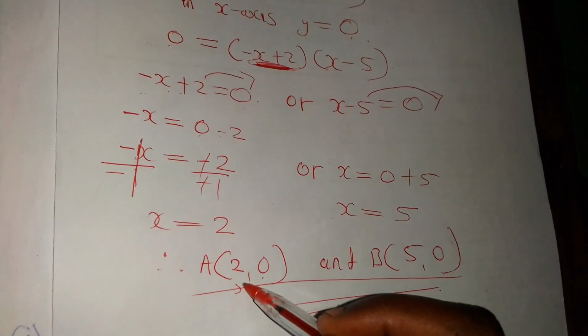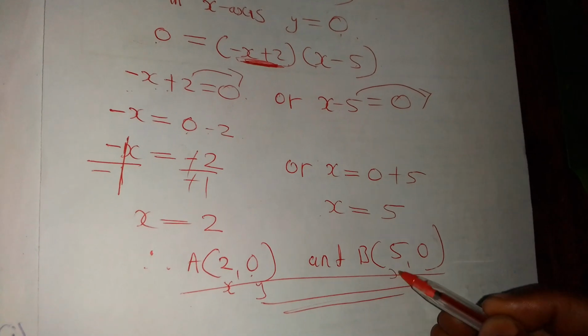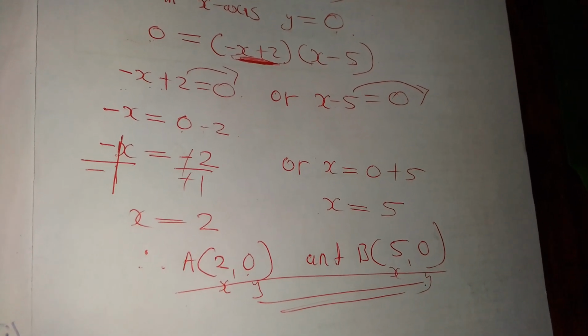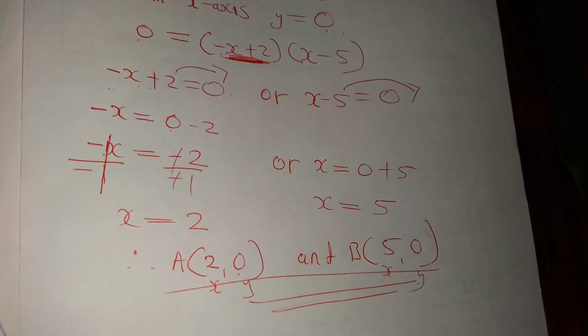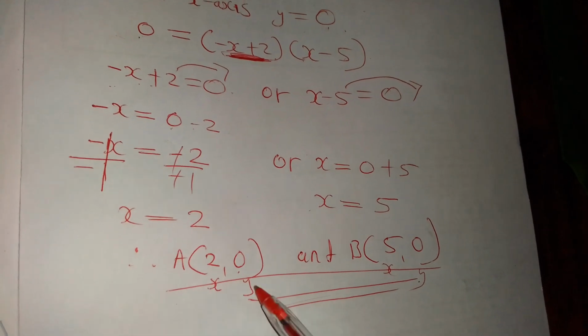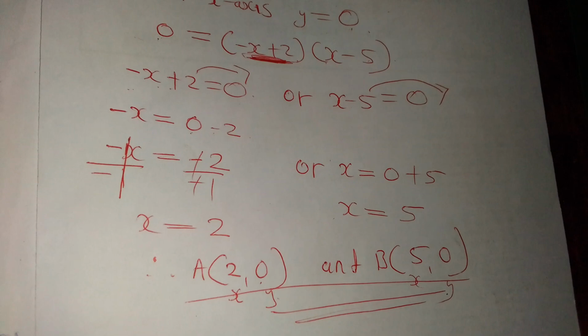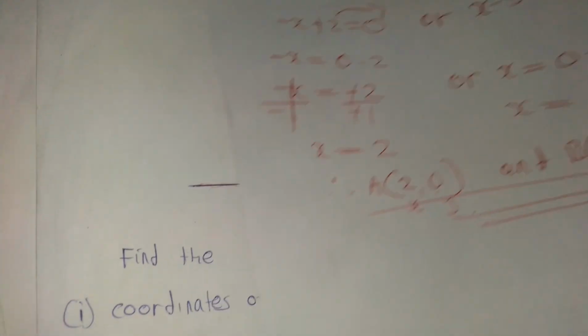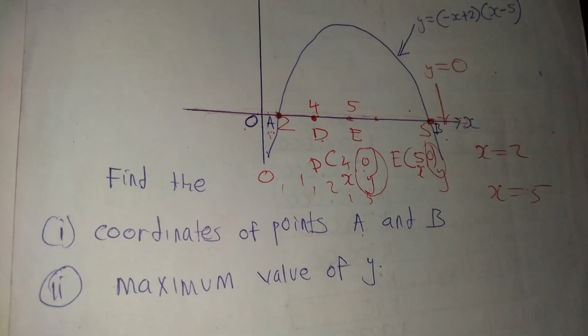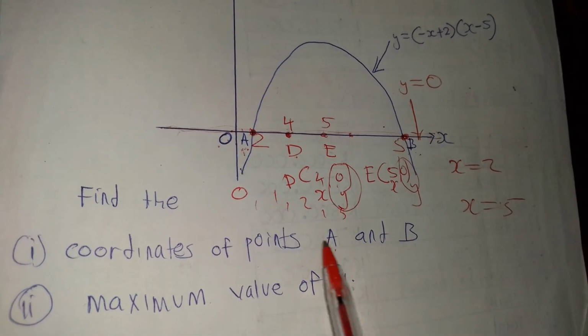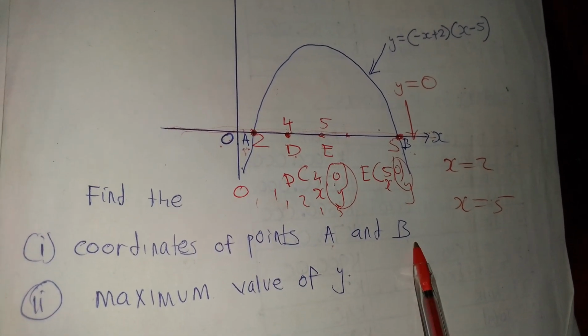So this present one is x and this one is y. There's no need for you to put x and y; I'm doing this to make you understand. So these are the coordinates for the first points, which are A and B.